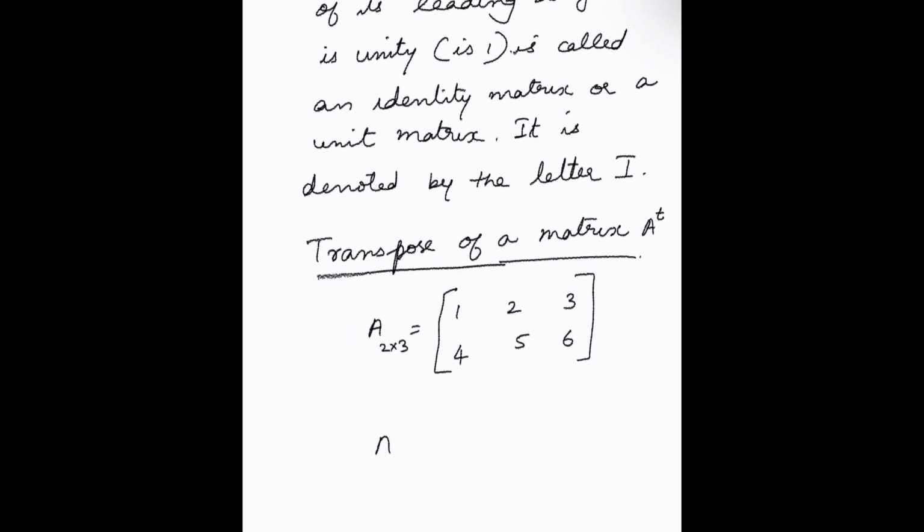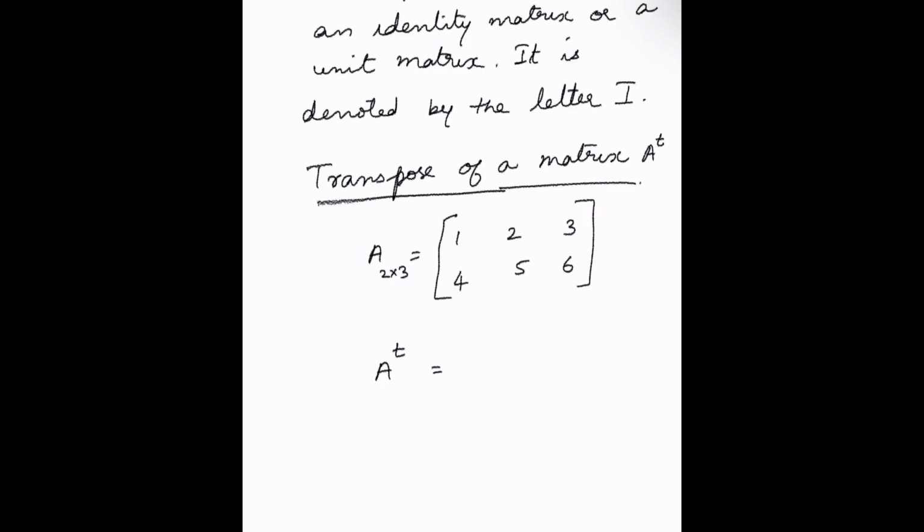Now, when I calculate the transpose, each row becomes the column. My first row is 1, 2, 3. That becomes the first column. The second row becomes the second column.